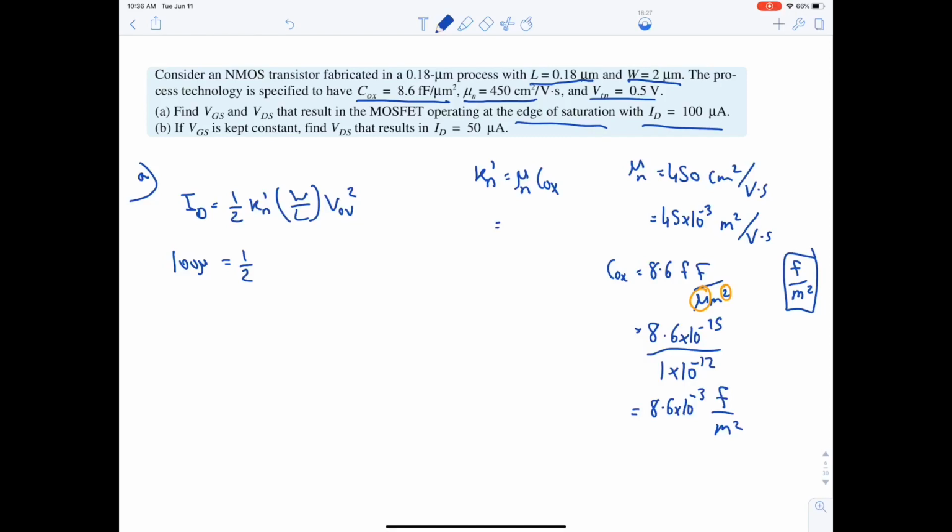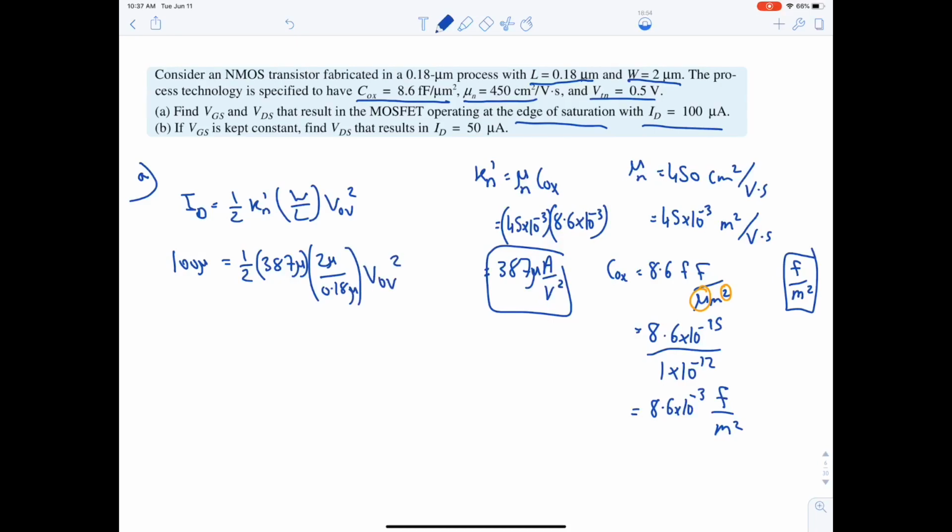Now we plug in numbers. So here it will be 45 times 10 minus 3 multiplied by 8.6 times 10 minus 3, giving us 387 microampere over V squared. Plugging this number here, 387 micro multiplied by W, which is 2 micro, divided by 0.18 micro.